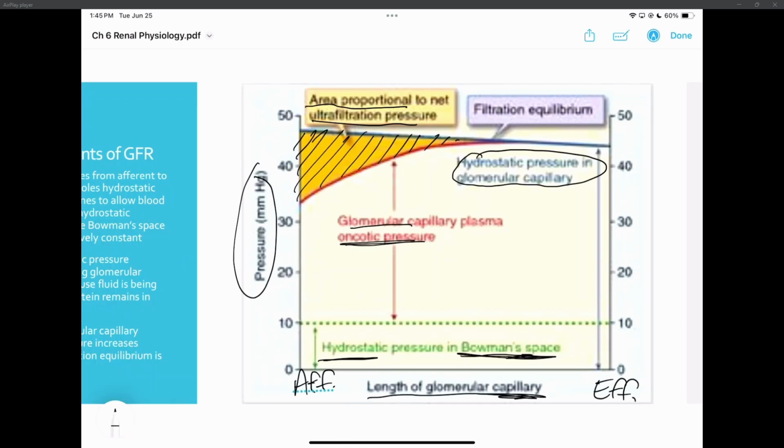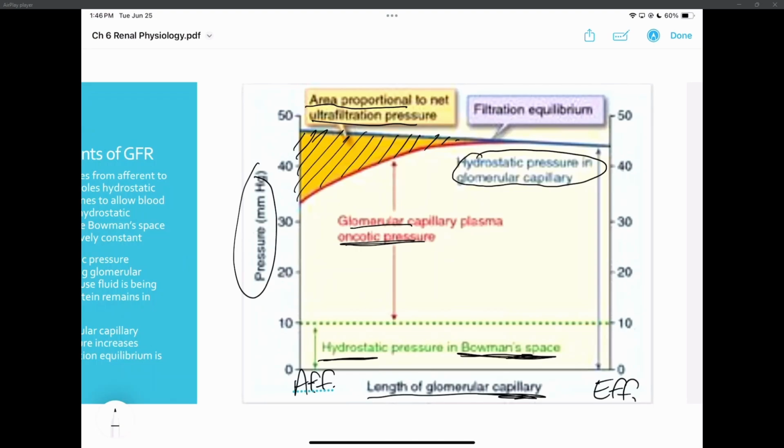Now, as we're losing a little bit of fluid, we're losing the solvent in the solution, the water. The filtrate is leaving. But what molecule never crosses that filtration barrier? Proteins.